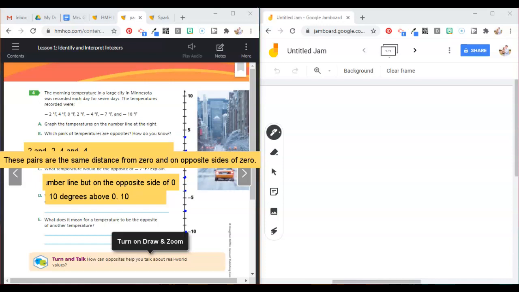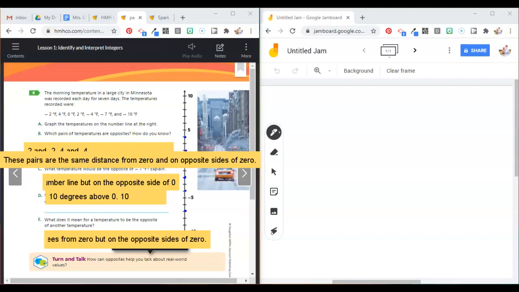Now our last question on build understanding is, what does it mean for a temperature to be the opposite of another temperature? And that means the two temperatures are the same number of degrees from 0, but on the opposite sides of 0.